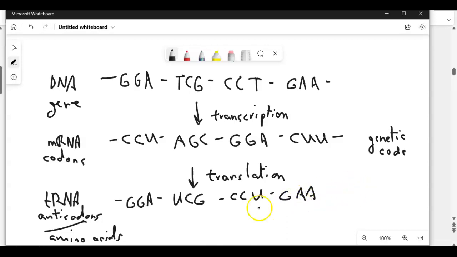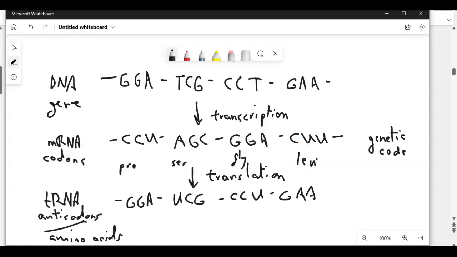Okay, those are going to be the anticodons. And these are going to translate, as we saw, into the sequence proline, proline, serine, glycine, and leucine.